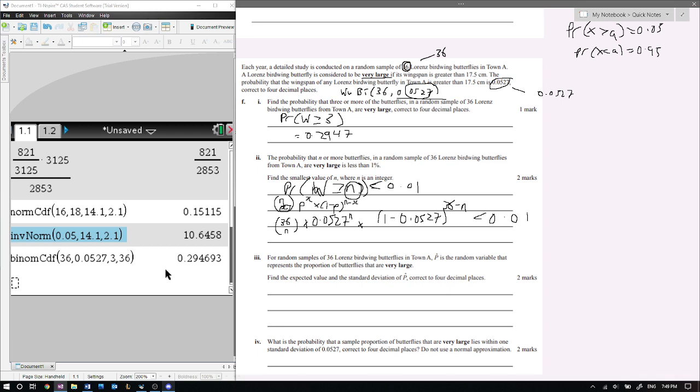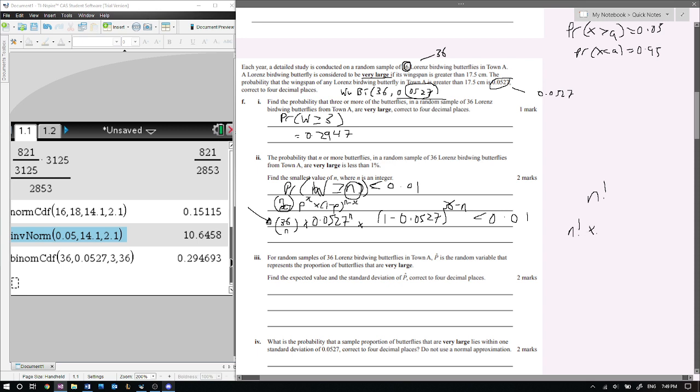Inputting this into the calculator won't work because this involves taking the factorial of n, and of course if you don't know what n is, then you'll never know what the factorial of n is, because when you're trying to find the factorial of n, you're trying to find n times n minus 1 times n minus 2, etc., all the way down.